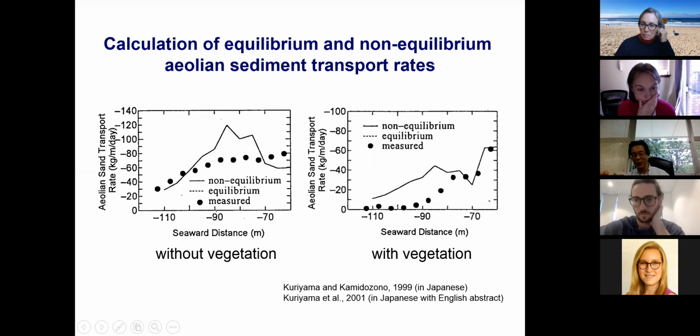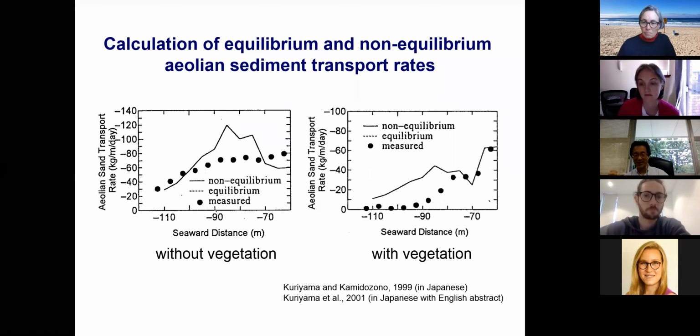Anyway, we cannot reproduce the cross-shore variation of the measured aeolian sediment transport rate. I think such a discrepancy between the measured and calculated values reflects error in our calculation of the volume change rate. There is still plenty of room for improvement in the calculation of the volume change in the backshore.